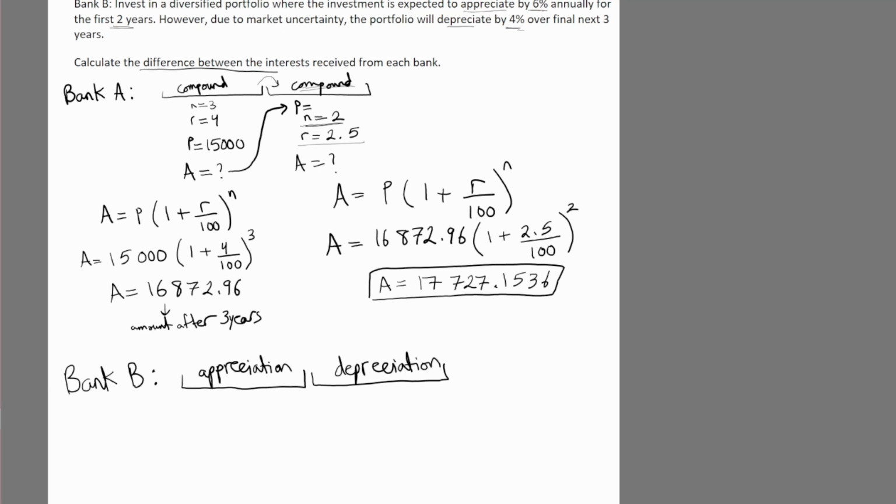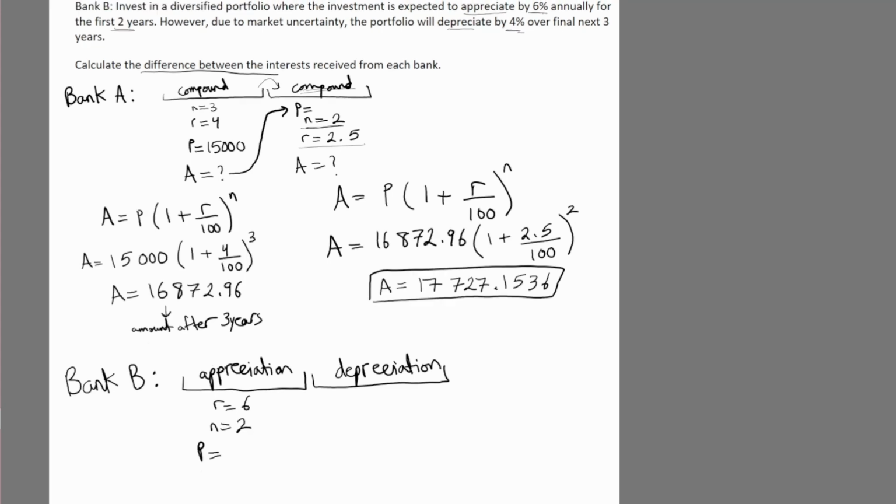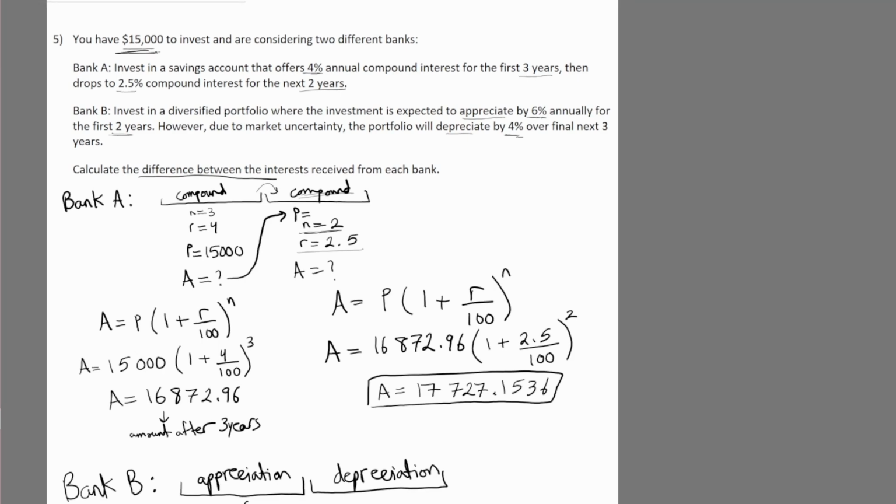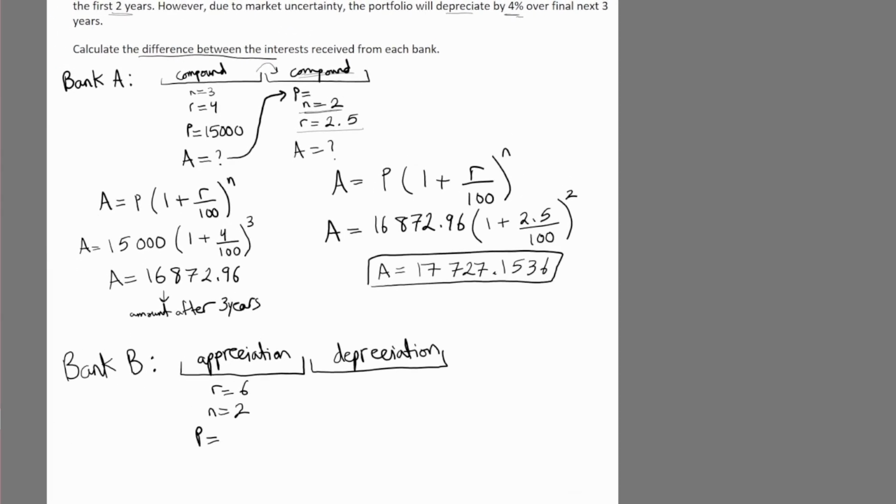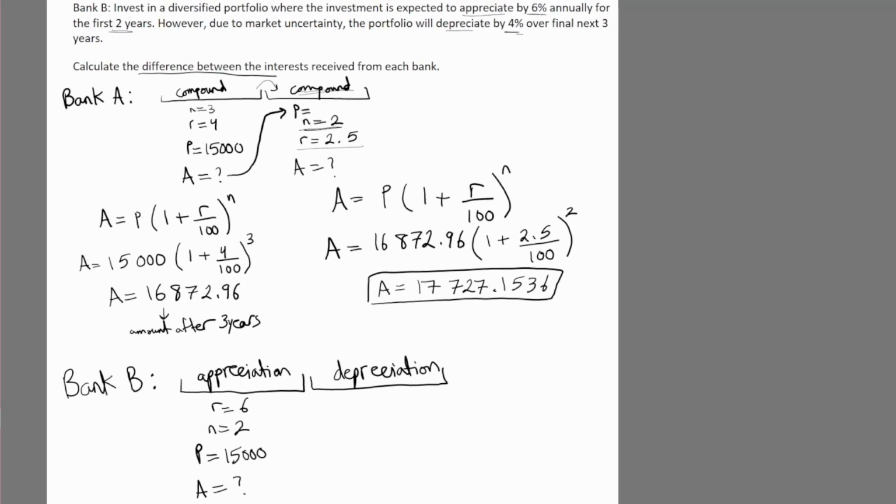And the appreciation, it will appreciate firstly by 6% for the first 2 years, so over the course of 2 years. And the principal amount is basically the same amount right here. It's 15,000. This is the money that you have. So it's going to be 15,000. And so we want to find the final amount after this appreciation period, okay?